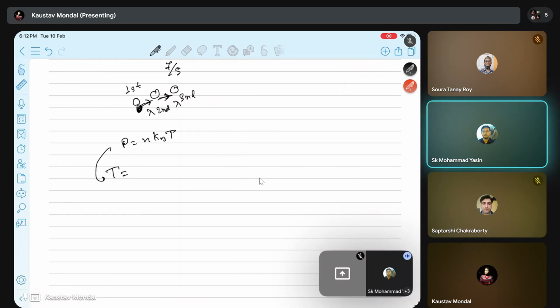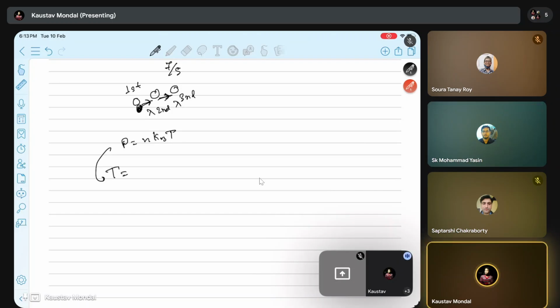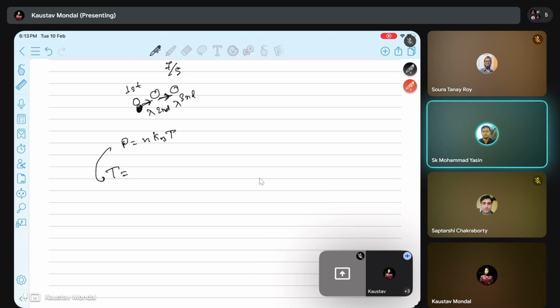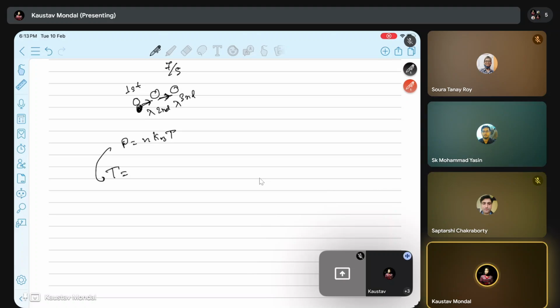Both we can use, only the single parameter, the pressure equation. If I use P equals n kBT and find small n, it is coming different. Both ways you are getting different answers, right? Yes.